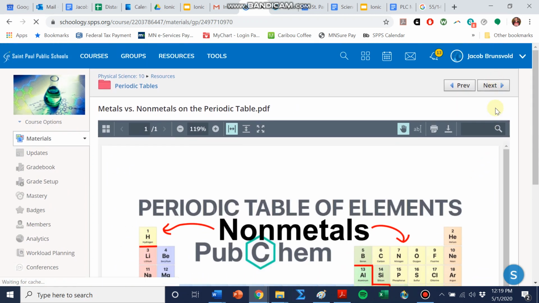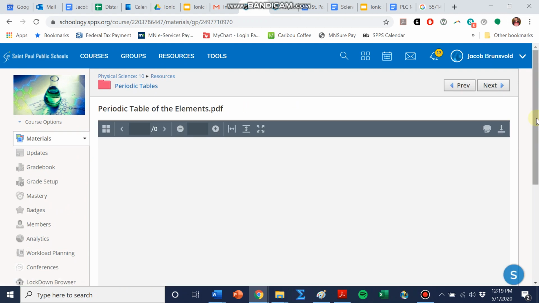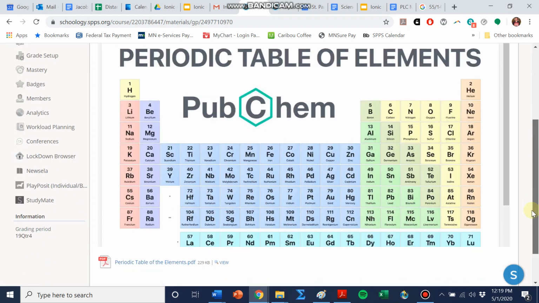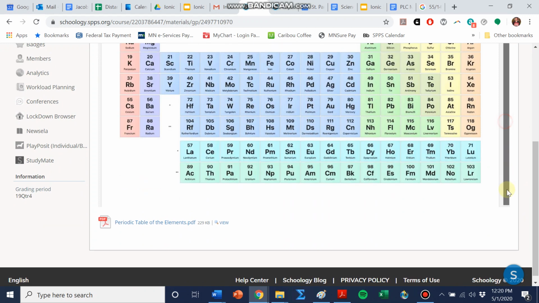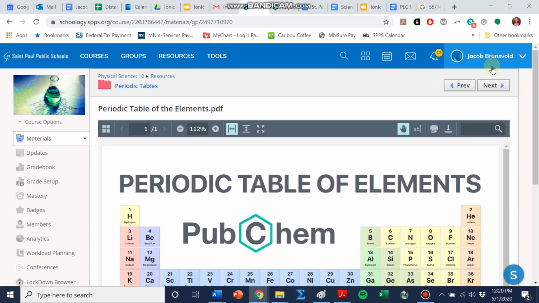Okay, let's keep going. This one's just a blank periodic table, right? Nothing written on it. But if you're just looking for a regular periodic table with nothing marked up on it.